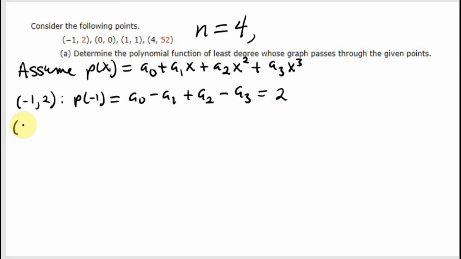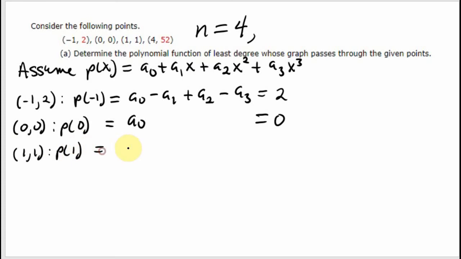And then for the next point, 0 comma 0, we have p of 0, where we have x, I'm going to write 0. So all we have here is just a naught, and that's equal to 0. Because the a sub 1 times x is 0, the a sub 2 times x squared is 0, and the a sub 3 times x cubed is 0. The next point, 1 comma 1, here p of 1 is equal to a naught plus a sub 1 plus a sub 2 plus a sub 3 is equal to 1.